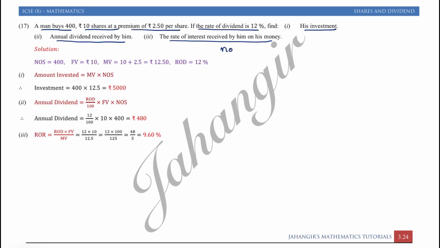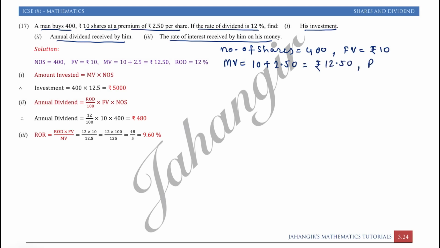So here we will write number of shares is 400 because a man bought 400 rupees 10 shares. So he bought 400 shares whose face value is rupees 10 at a premium of rupees 2.50. Premium means more. So face value plus 2.50 premium gives us 12.50 as the market value.